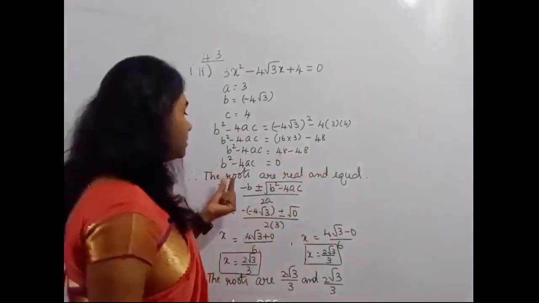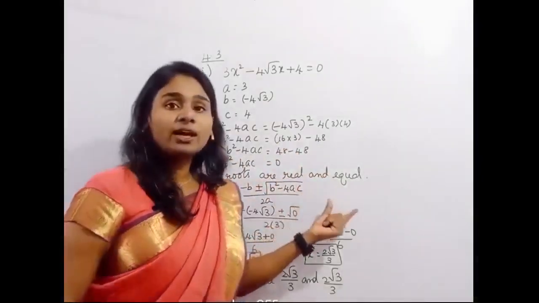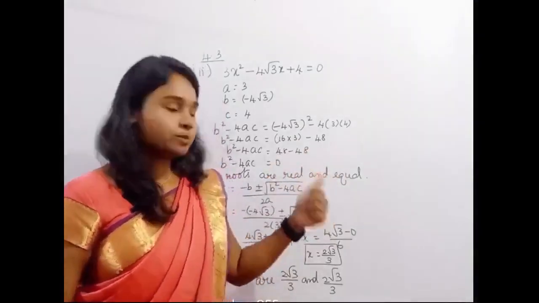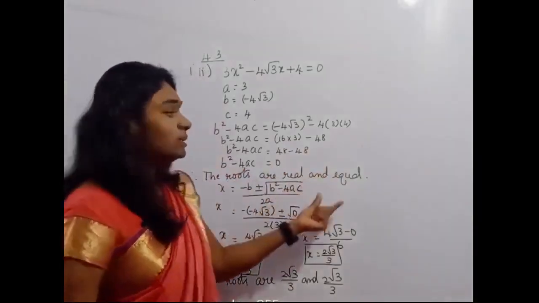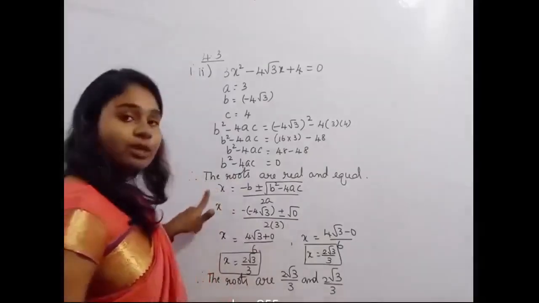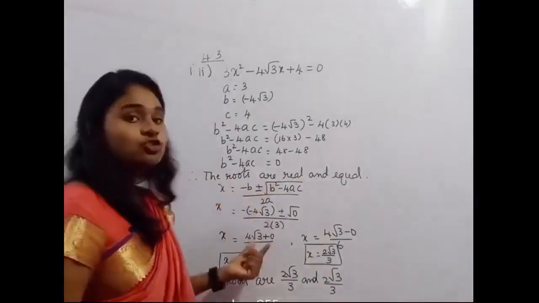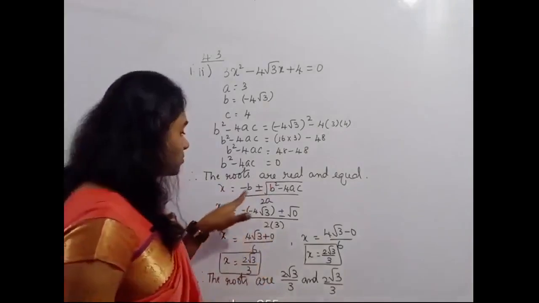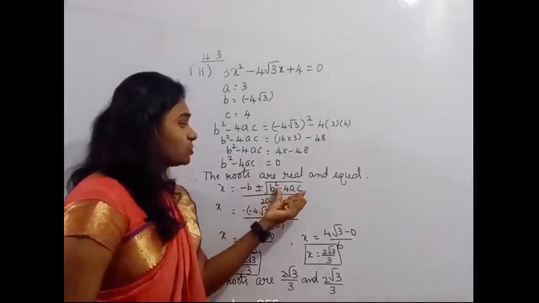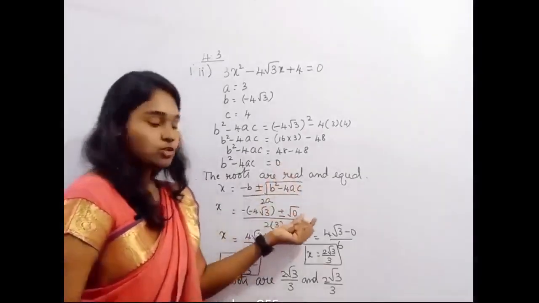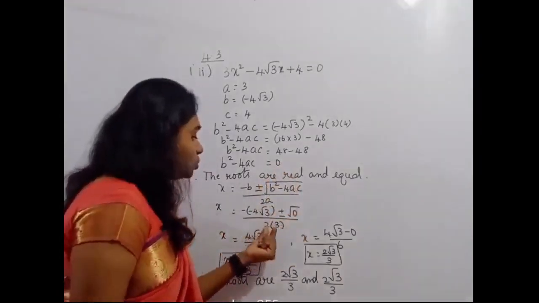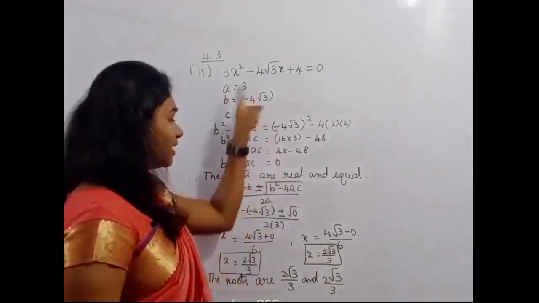Then you have to write the roots are real and equal, just because the discriminant is equal to 0. Now, if they are real and equal, then what are the roots? Using this formula and substituting the values of a, b, c here: minus of minus 4 root 3 plus or minus, anyway you have found b square minus 4ac to be 0, so I have just substituted the 0 here, divided by 2 into 3, where 3 is the value of a.